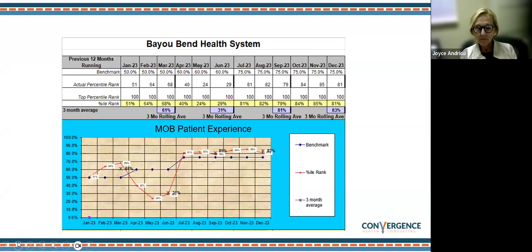As we got better and worked with the staff and explained to them, we did have a drop. We had a big change in staff. But you can see from June, we jumped from the 29th percentile to the 81st percentile, and we've carried it on. That's because the actions that we've taken have worked, and you can see the improvement.